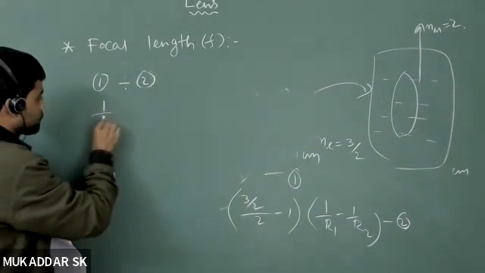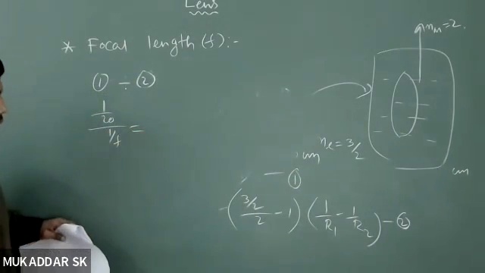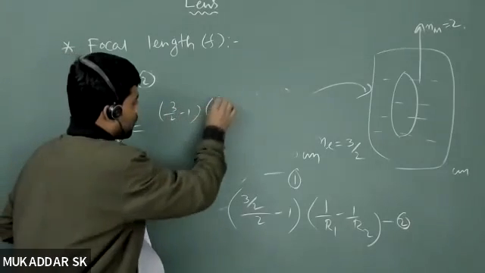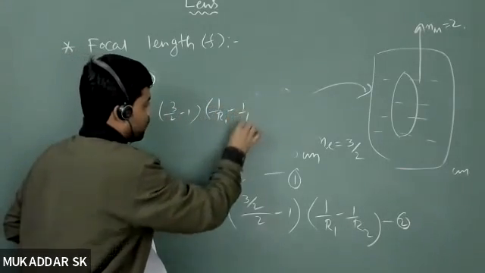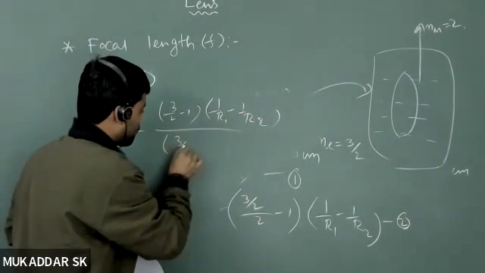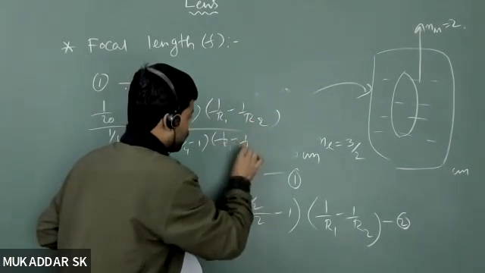On the right side you have the factor 3 by 2 minus 1, times 1 by R1 minus 1 by R2, divided by 3 by 4 minus 1, times 1 by R1 minus 1 by R2.